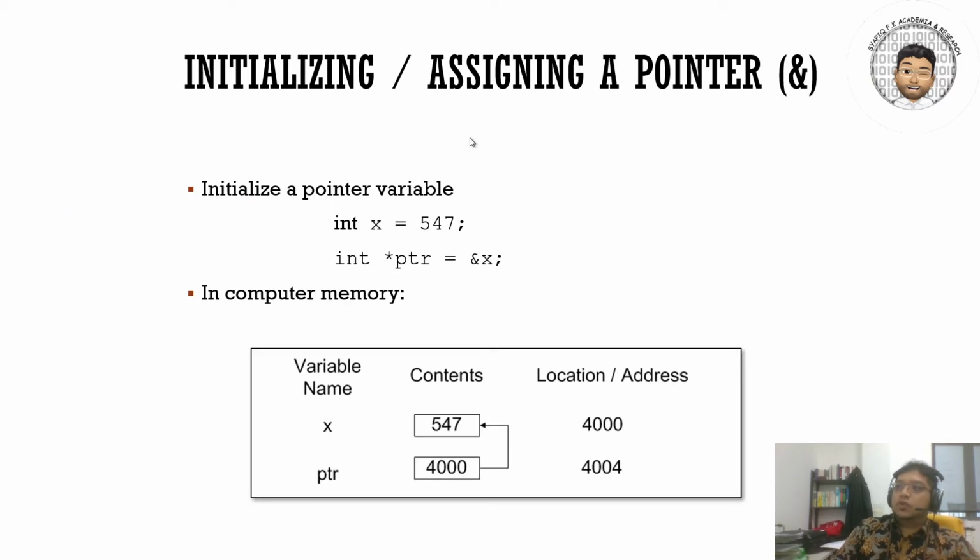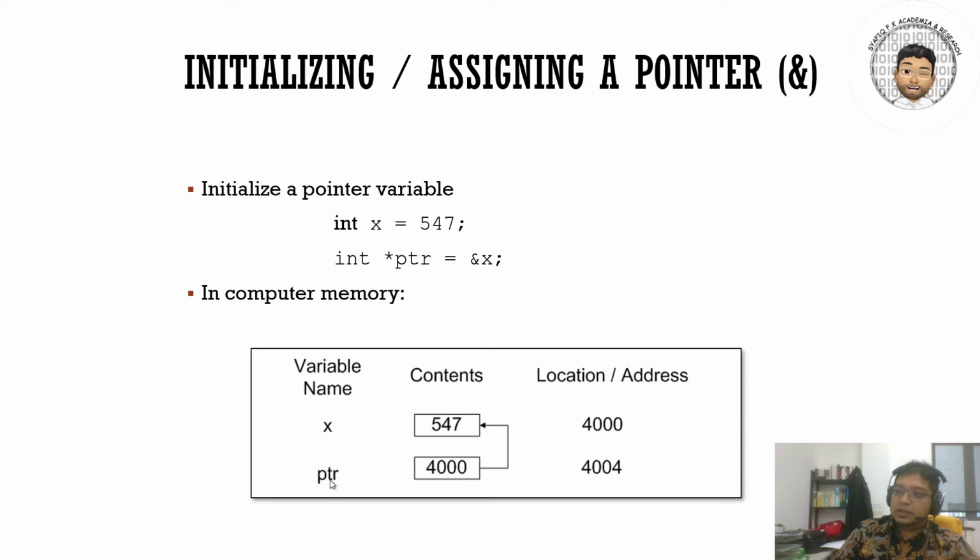For example, here you have integer x equal to 547, and here an integer pointer is equal to the address of x. So the pointer here represents the address of x. In the computer memory, the data of x is stored inside an address location, and the data is 547.